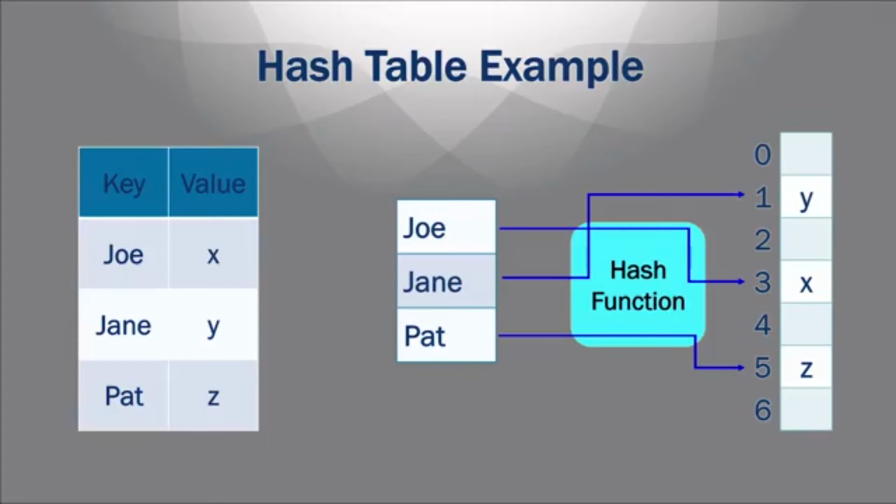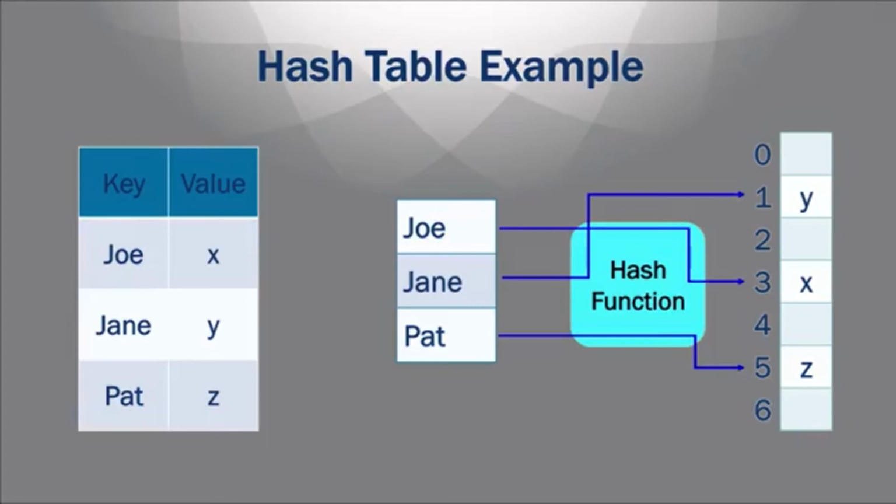Now over on the left, you can see the keys: Joe, Jane, and Pat. In between there's this hash function, and the hash function takes the key and determines which slot it's going to place the corresponding value in. I drew this with little lines. If you look at Joe, there's a blue arrow that goes into the hash function and then points to location 3, slot 3.